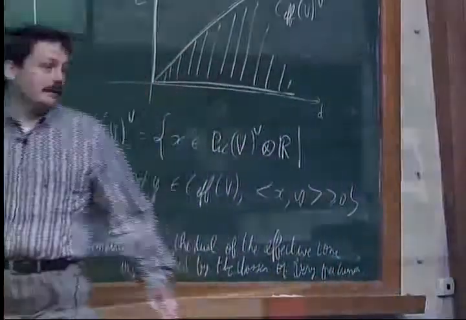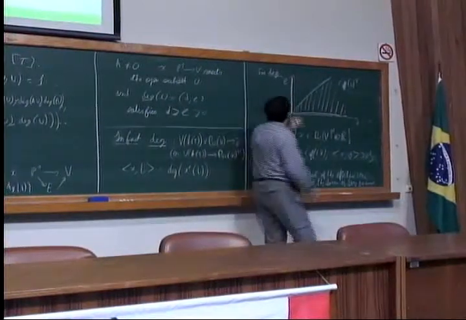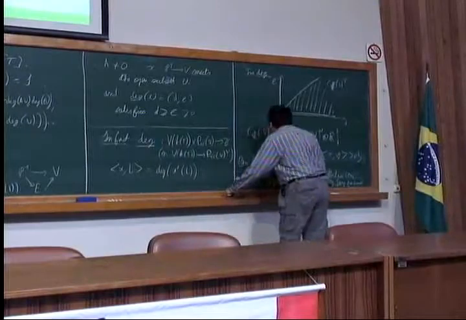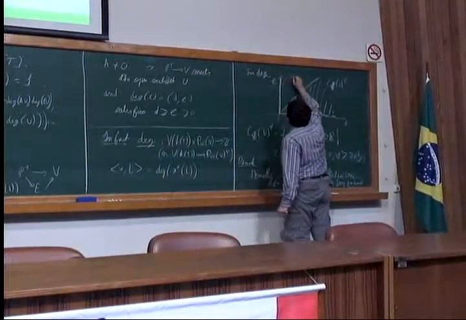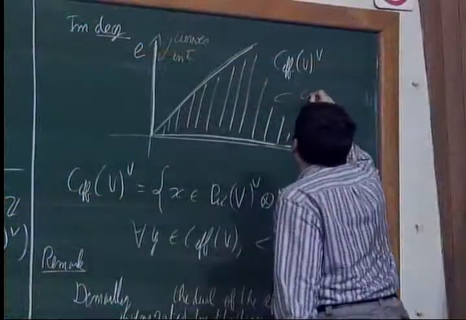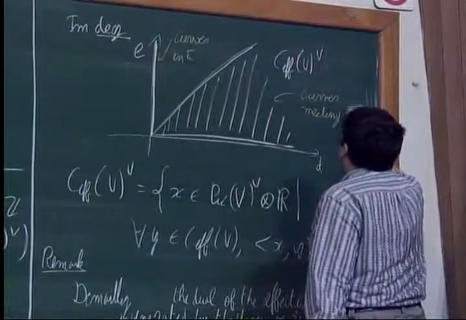And also you see this dichotomy between the two cases. Here, this corresponds to the curves in E, and this corresponds to the curves meeting U.